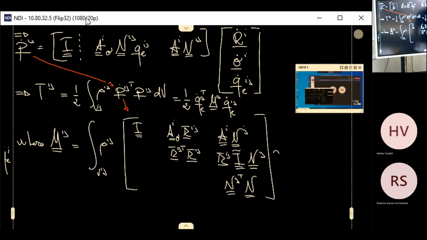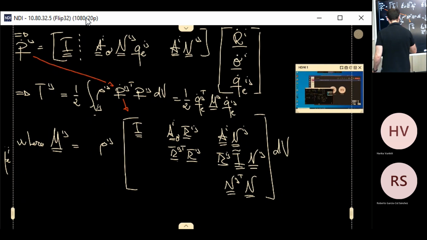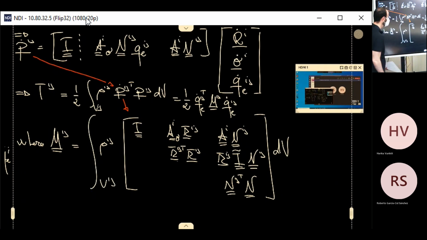If you want, you can prolong this, but okay. This is the mathematics, and this is what we are going to estimate.